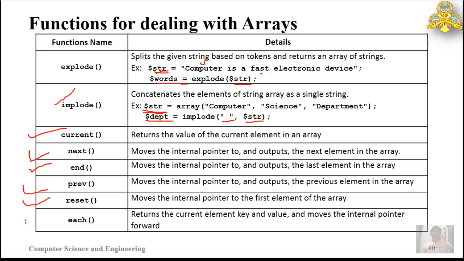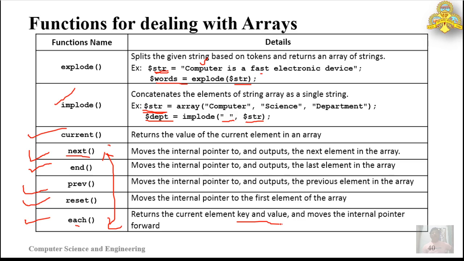And each is similar to next element, but one difference is that next returns the value, whereas each function returns key and value.